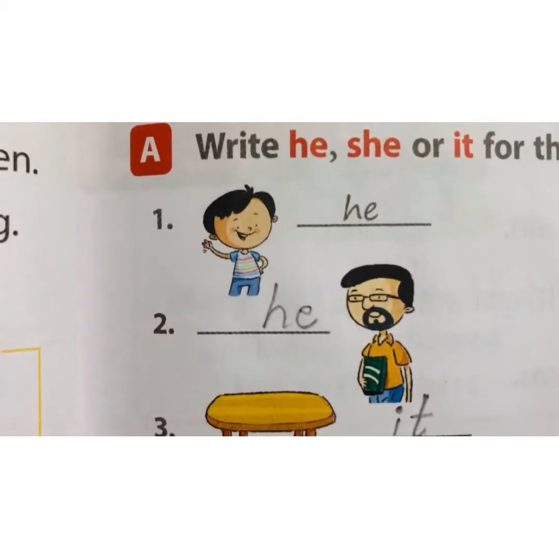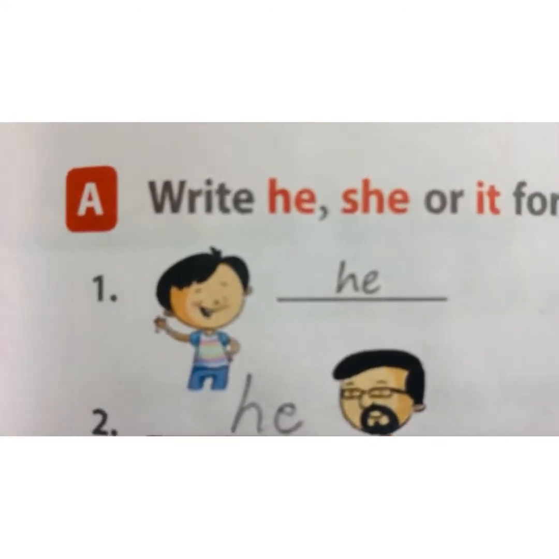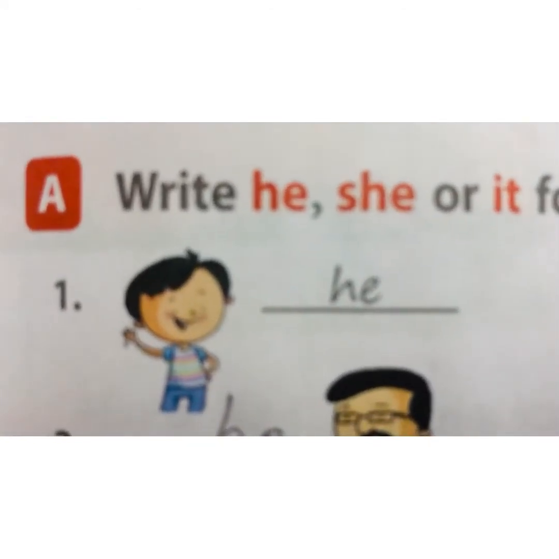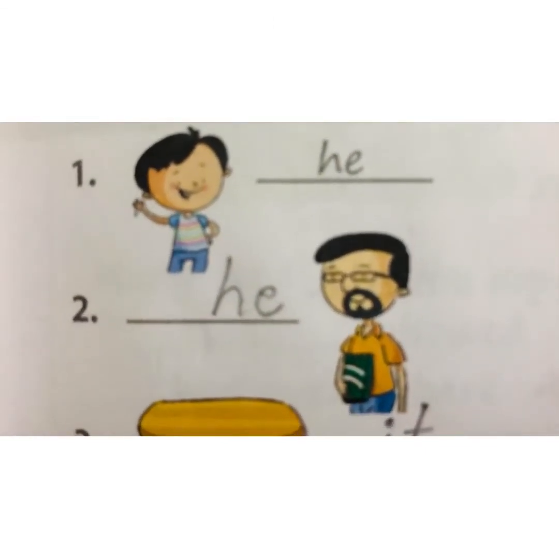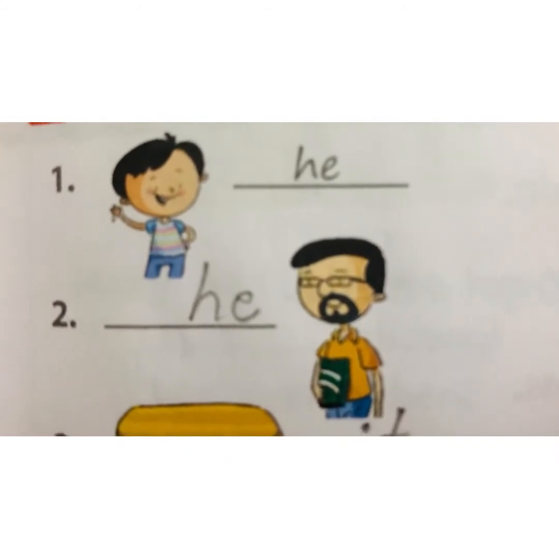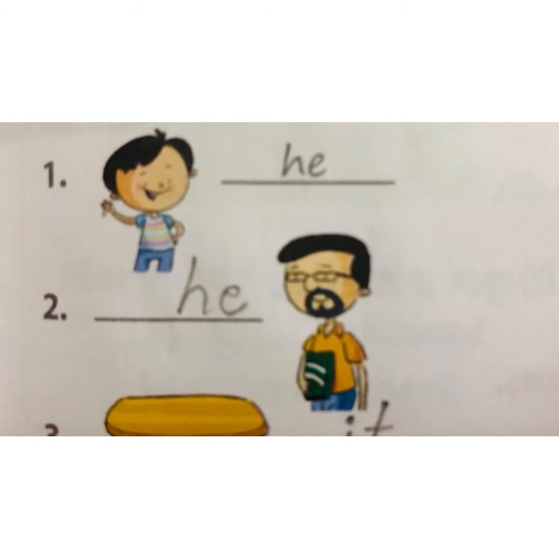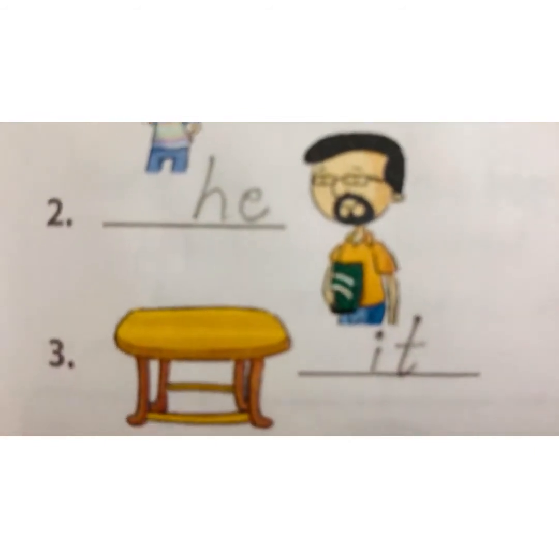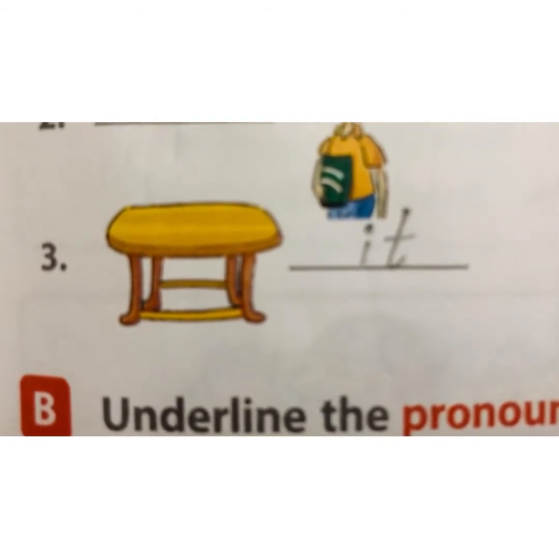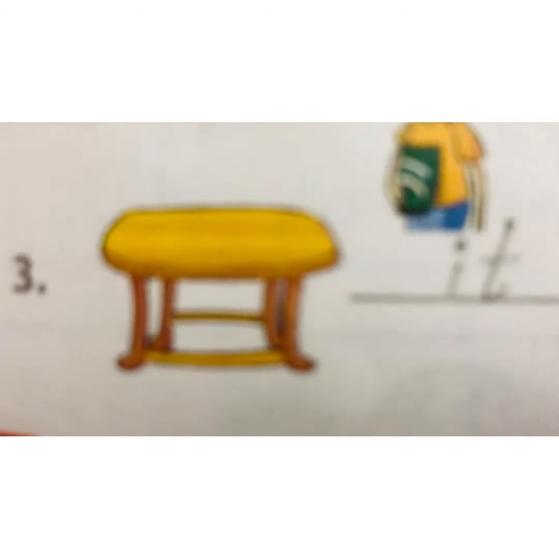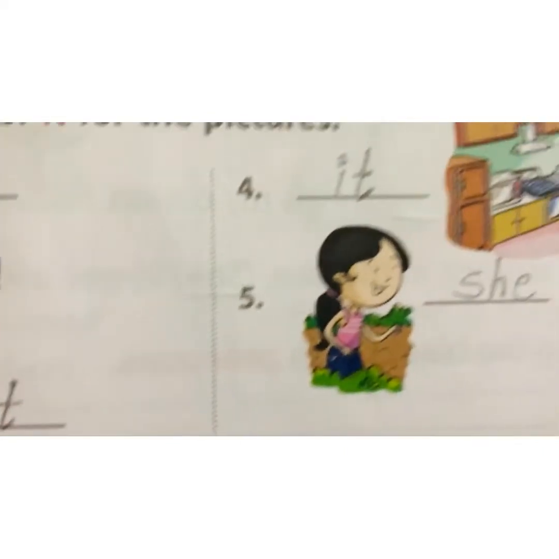In the first picture, we can see a boy. So we will use pronoun he. The second one is a picture of a man. So we will use pronoun he. Third one is a picture of a table. We will use pronoun it for this.